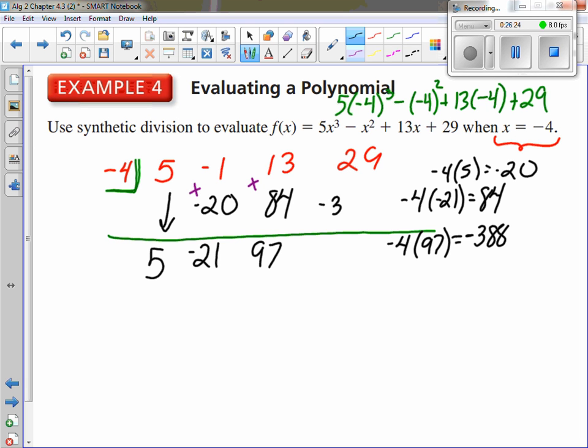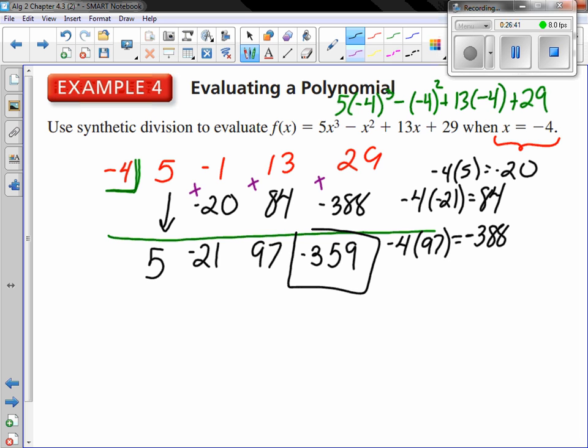Okay, negative 388. And lastly, we would add. And if we add these two together, the 9, carry the 1, it would be negative 359. And normally that'd be our remainder, yes?